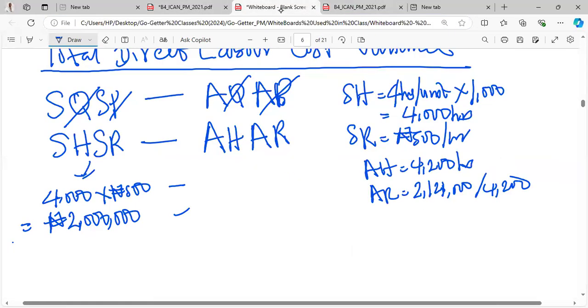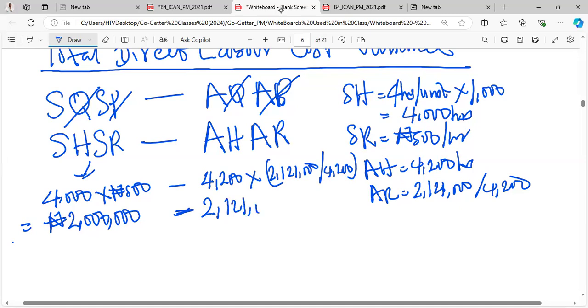I don't care about dividing it because I will still not use it. I will simply come here and say actual hours, which is 4,200, multiplied by actual rate, which is 2,121,000 divided by 4,200. I will not need to divide them. Everything here is going to give me 2,121,000 because this 4,200 will cancel with this 4,200 to remain 2,121,000. So why will I need to divide?